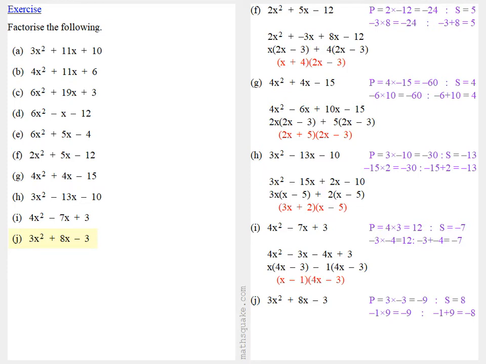Minus 1 plus 9 is equal to 8. So the equation splits up as 3x squared minus 1x plus 9x minus 3. And they factorise as x into 3x minus 1 and plus 3 into 3x minus 1. So we end up with x plus 3 into 3x minus 1.